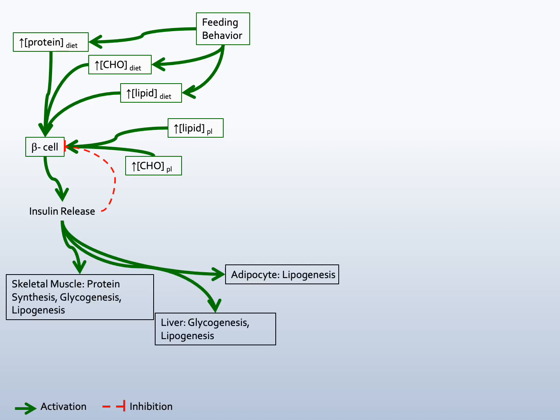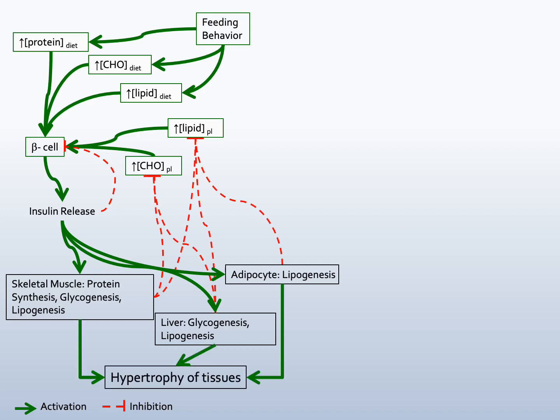At skeletal muscles, we're going to increase protein synthesis, increase glycogenesis, and increase lipogenesis. At the liver, we're going to increase glycogenesis, we're going to increase lipogenesis, and at adipocytes, we're going to increase lipogenesis, all in an attempt to get the circulating levels of metabolites down.